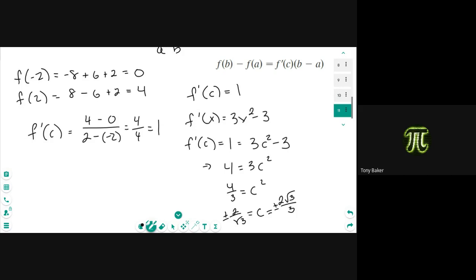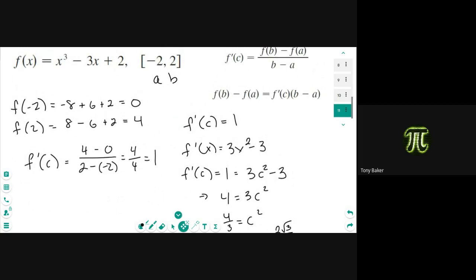So that tells me, hold on, let me graph it. It'll make a lot more sense. What was the original problem? X to the third minus 3x plus 2. Bless you.